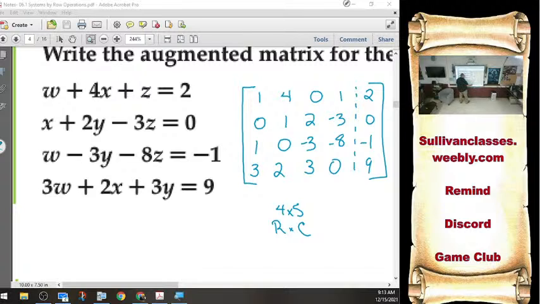And specifically, this is going to be an equation by variable matrix. My rows are each of my equations. My columns are each of my variables.